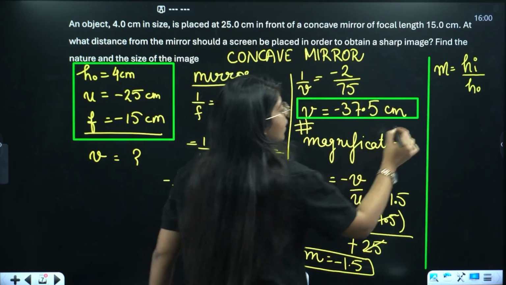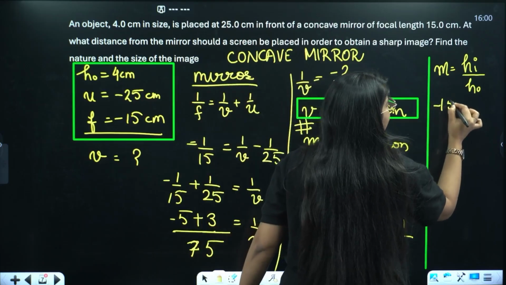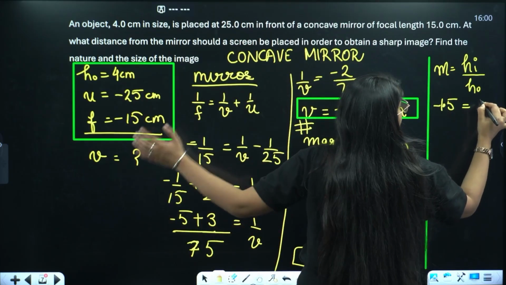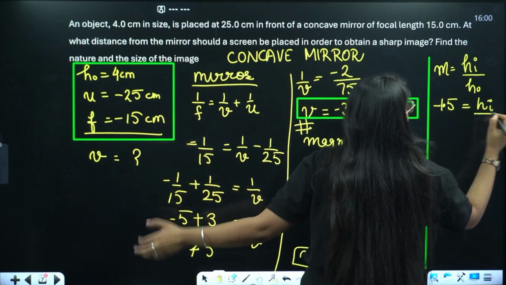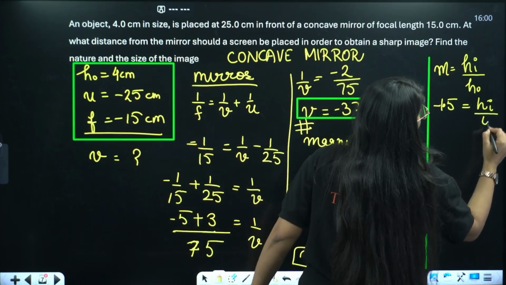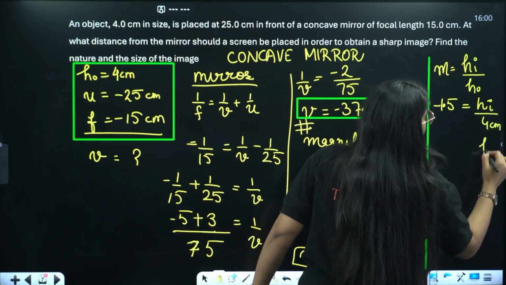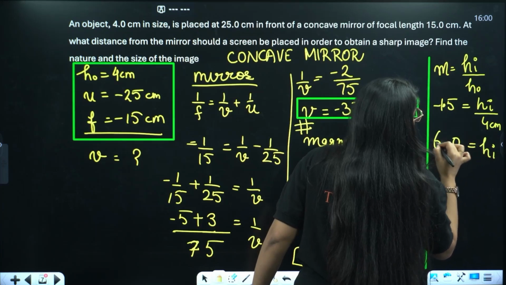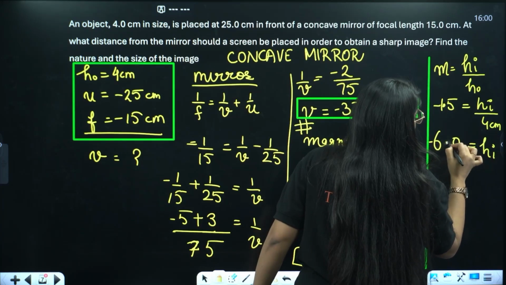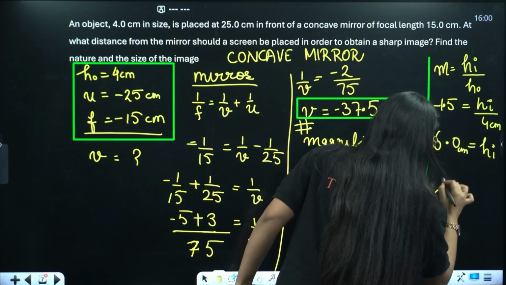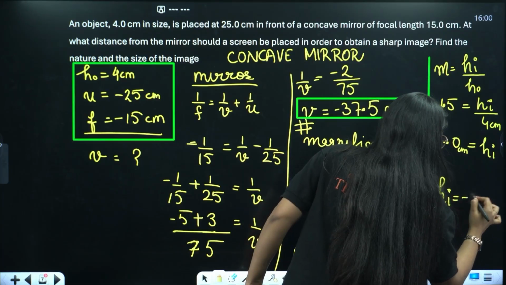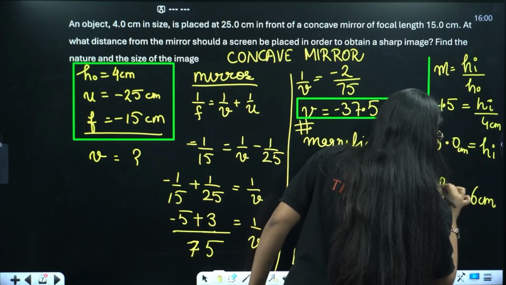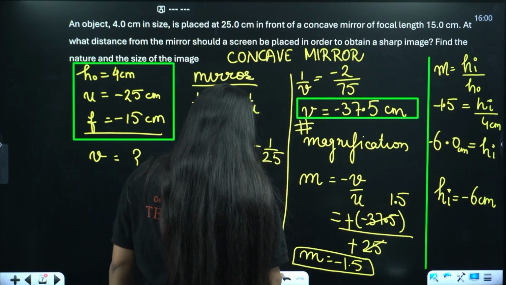So here I got minus 1.5, which is equal to height of image, which I have to find, divided by height of object, given to be 4 centimeter. So height of image comes out to be minus 6 centimeter. Height of image is minus 6 centimeter. Understood?